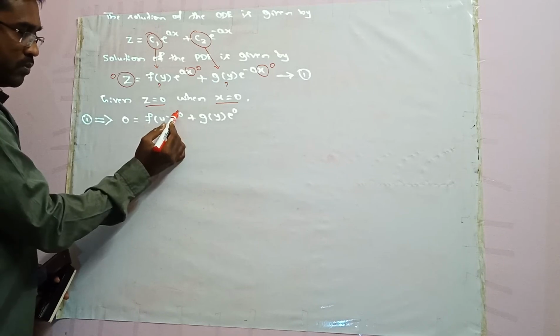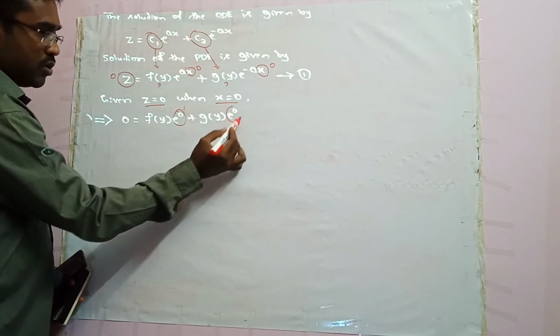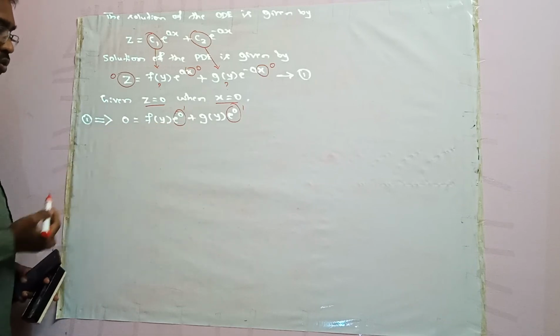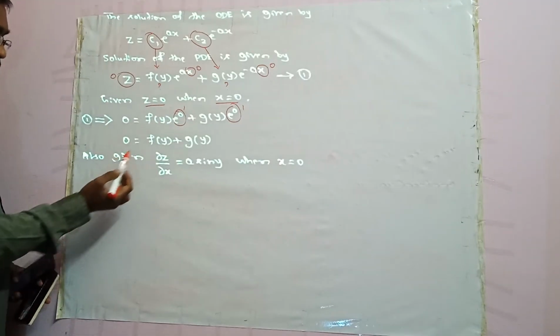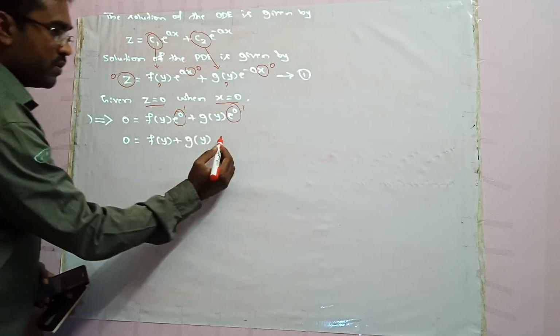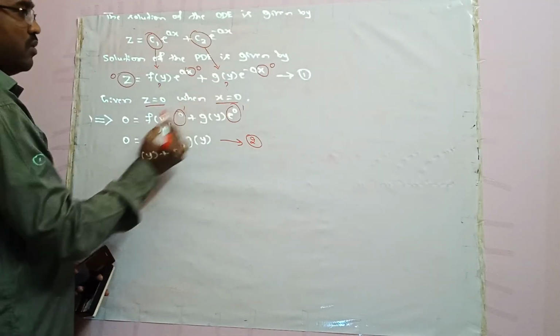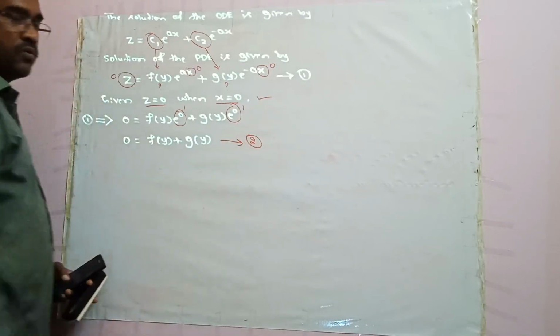What is e^0? It is 1. So what you get is f(y) plus g(y) is equal to 0. So you got one equation, you can call this equation number 2. Using one condition, we got one equation.